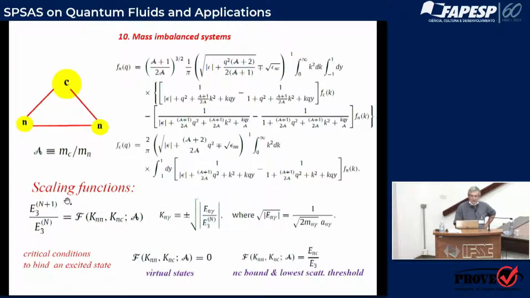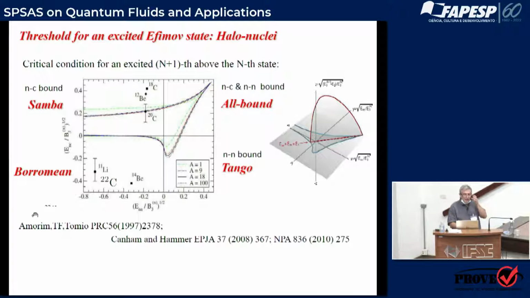And this is zero, or equal, if you are in the region where the subsystem is bound. This is the two-body energy. You can solve this equation. And this is the kind of plot. I just put here for fun the names. So this is the Borromean region.